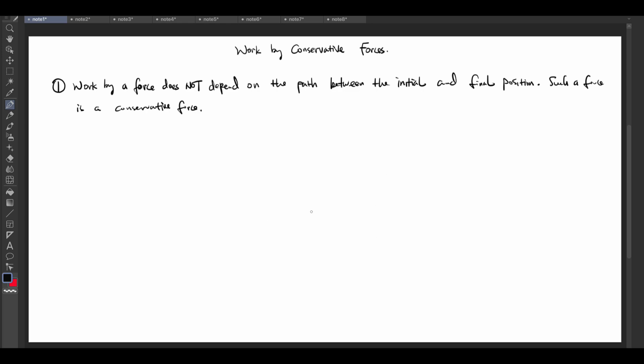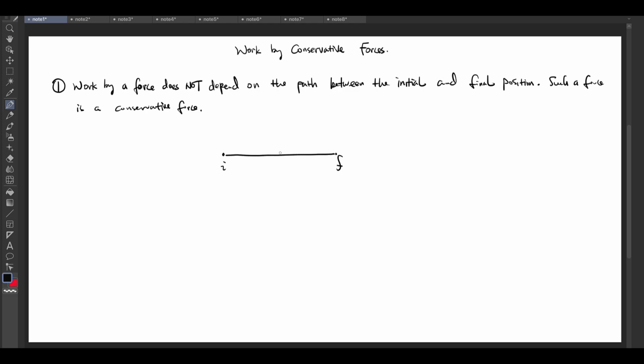Now here is the picture to show you this definition. So let's say there's an initial and final position. Now let's say an object moves between these two points, and it can move in a straight line.